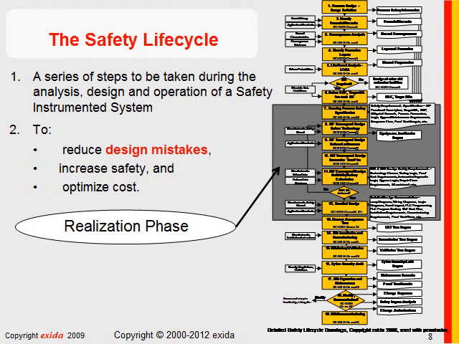I didn't mean for you to read all the boxes, but I wanted you to see that all the boxes in the Exida model of the safety life cycle define a process. The process meets all the requirements of 61508, or in this case, it's oriented towards 61511.